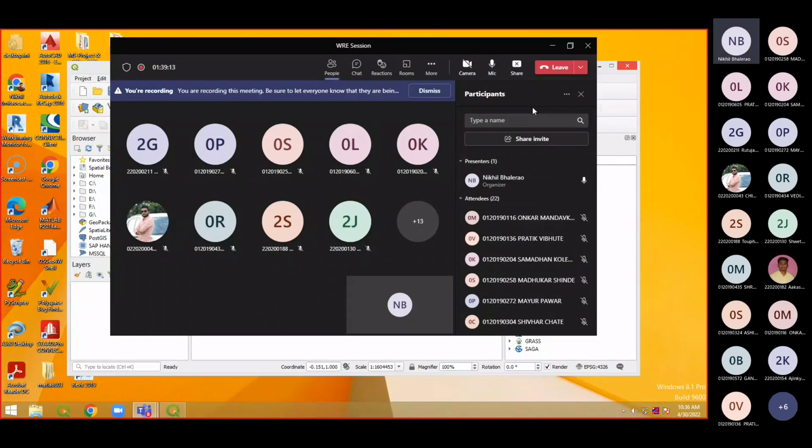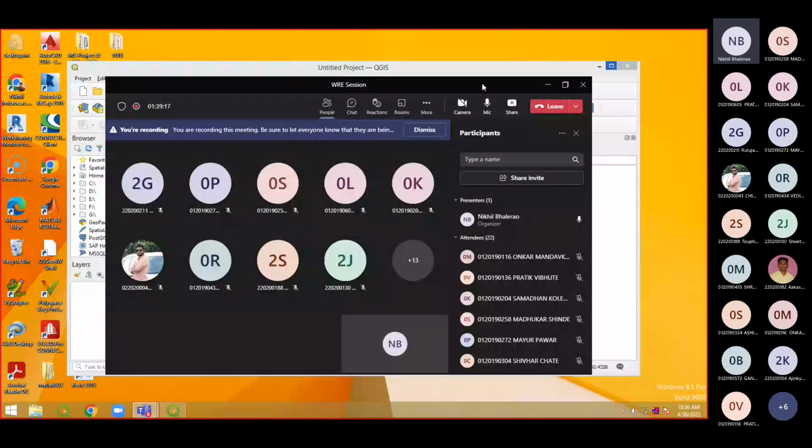Students, I guess we are facing some technical issues running this software as we are working with MS Teams. While sharing QGIS, it is not responding properly. So for that purpose, we are going to make a recorded video in the next 20-30 minutes.